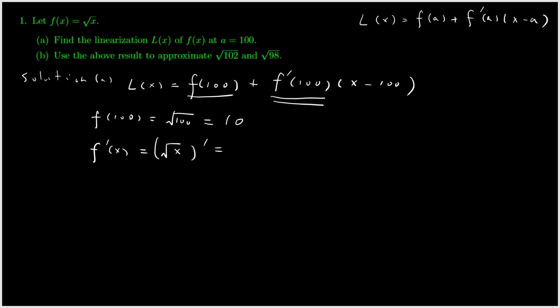I told you a formula to memorize, right? It's 1 over 2 square root of x. Now you know why I wanted you to memorize the formula, because you are going to use formulas like differentiating 1 over x and differentiating the square root of x over and over again. Now here is another time you see it, right?